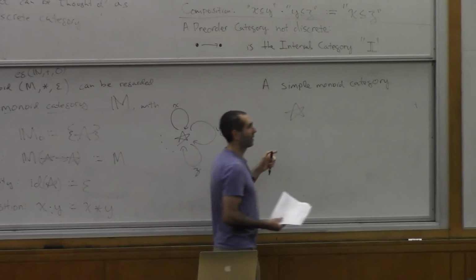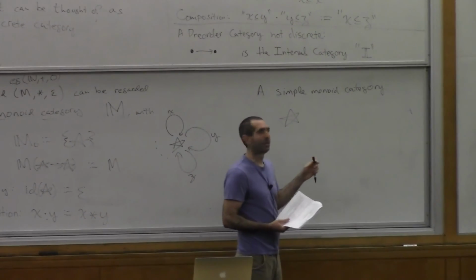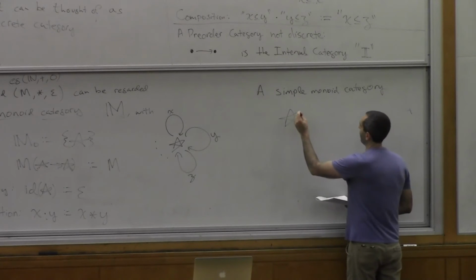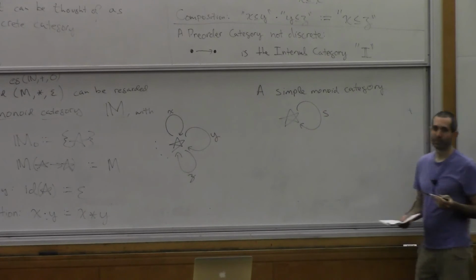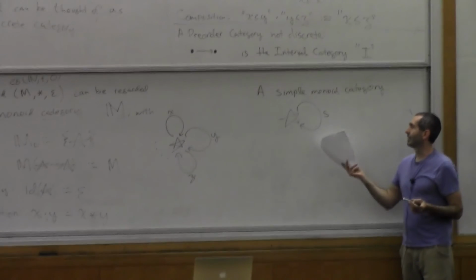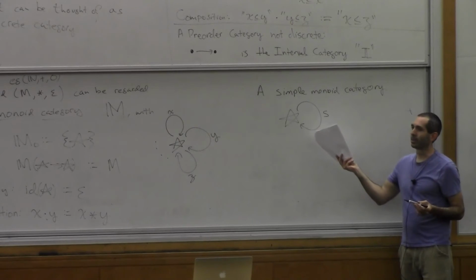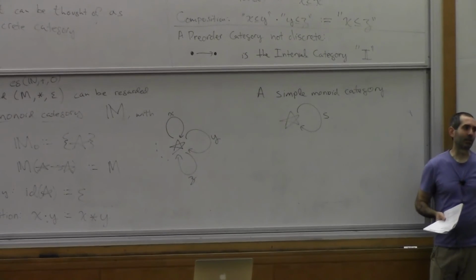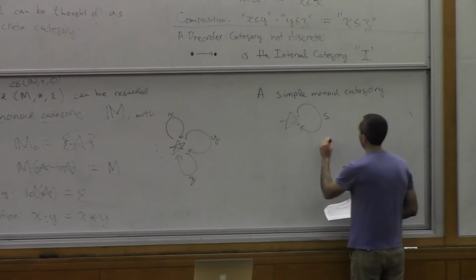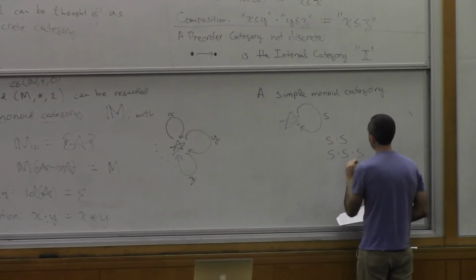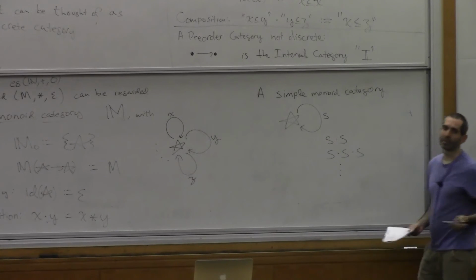Right? If we had no arrows except for the identity, it would be discrete. Right? So I'm not going to draw the identity, but we know it's there. So let's postulate a new arrow, which we'll call s. Okay? Now, since we've postulated that s is in the hom collection from star to star, now we have a bunch of other arrows that have to be in there. They have no choice. Namely, we have s composed with s, s composed with s composed with s, and so on. They have to be in there.